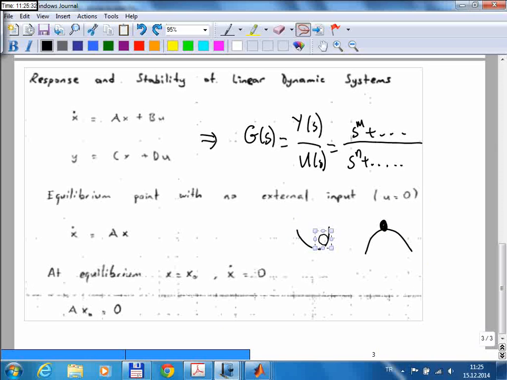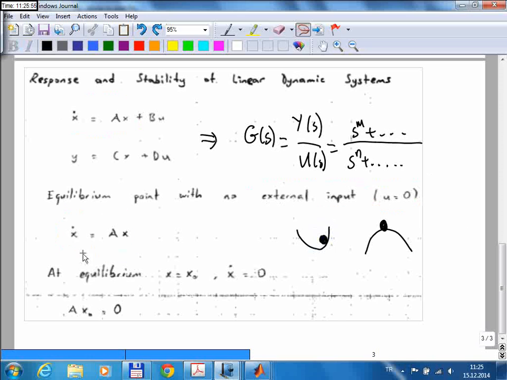And how we defined the equilibrium point was the following. We said at an equilibrium point, all the derivatives are zero. So first we assume that there's no external input, okay? So let's just think about the system itself without any external manipulation. So if u is equal to 0, then our state equation will be x dot equal to Ax.